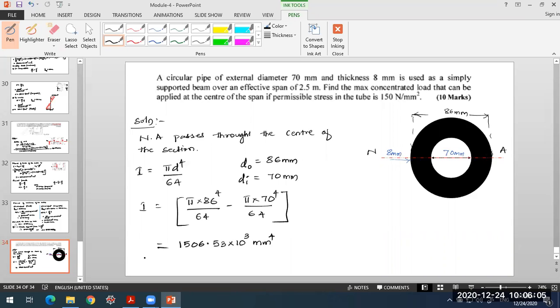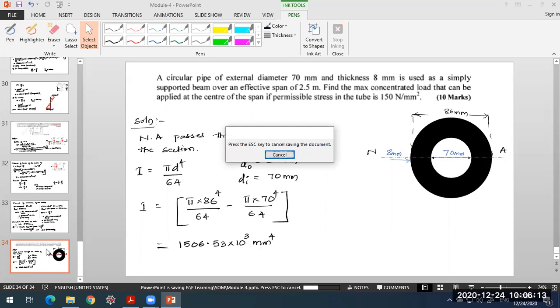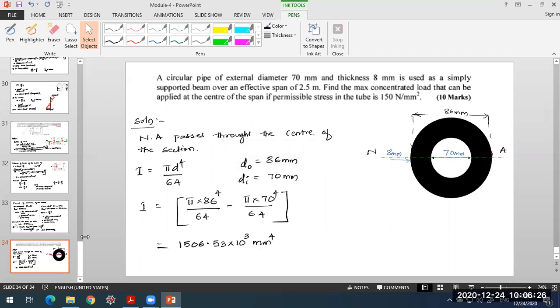Next we have to find the moment of resistance first. Then we'll determine what load the beam can support. The moment of resistance we can obtain by considering the flexural formula.